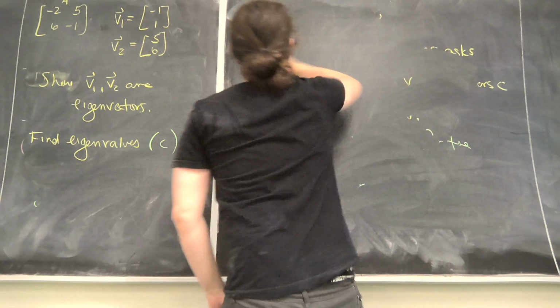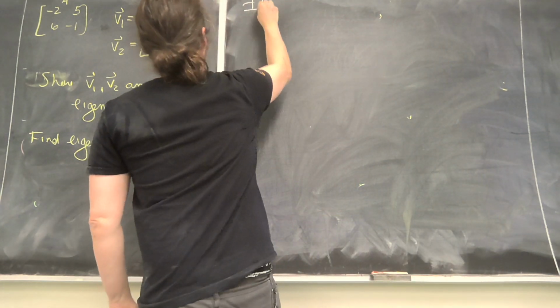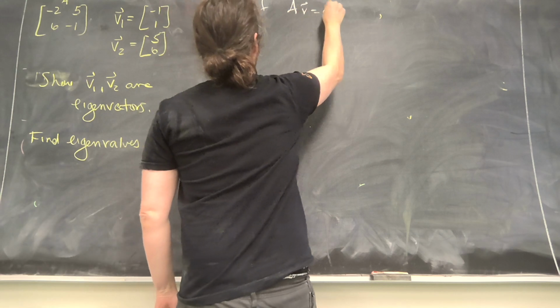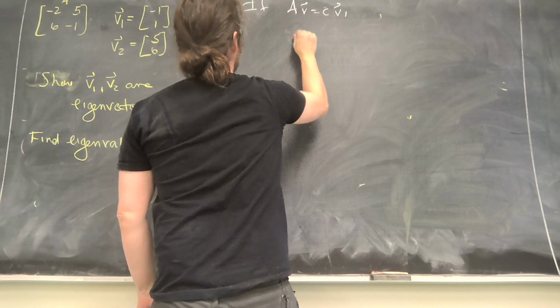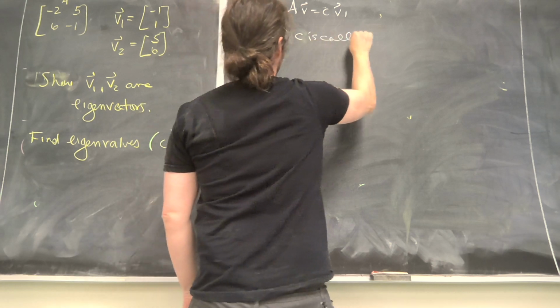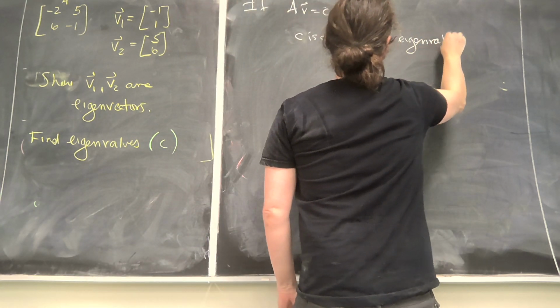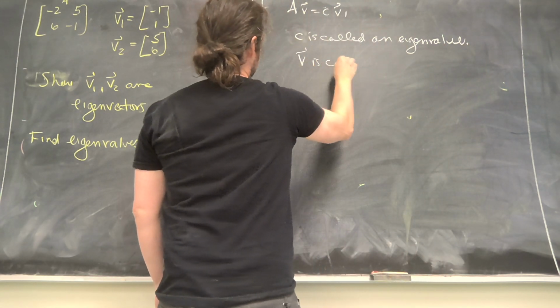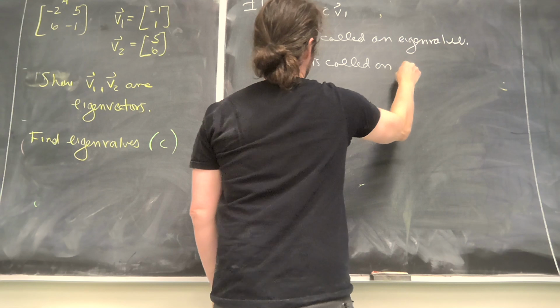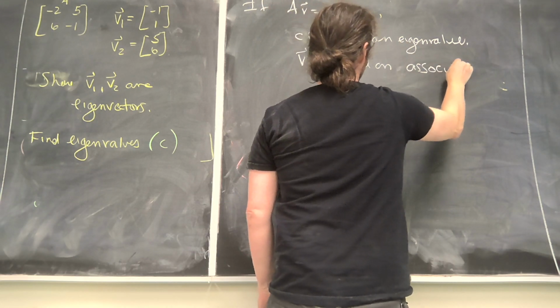So just to reiterate, if AV is equal to CV, C is called an eigenvalue, and V is called an associated eigenvector.